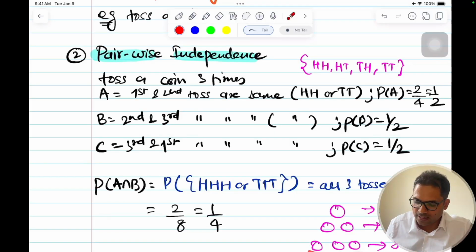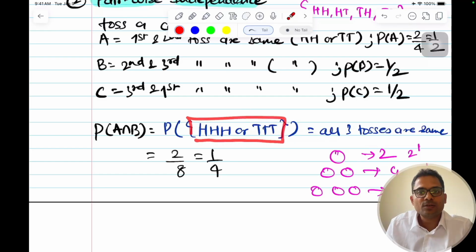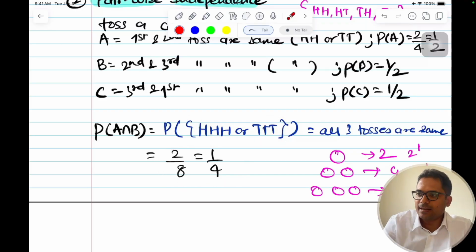Similarly, you can extend this to get all the possible outcomes, which are triplets. So out of all the 8 possible outcomes, my desired outcomes are 2, all heads or all tails. So the probability is 2 by 8. So my P of A intersection B is 1 by 4.